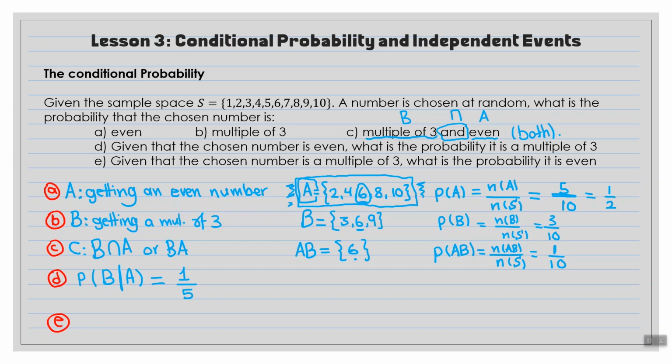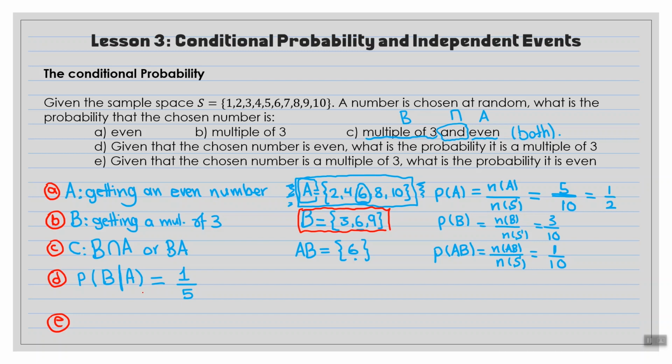So where do you think your hand is? On which card? Now you think that your hand is on either a 3 or a 6 or a 9. So now your sample space is not all the numbers from 1 to 10. No, your sample space is simply now B, right?